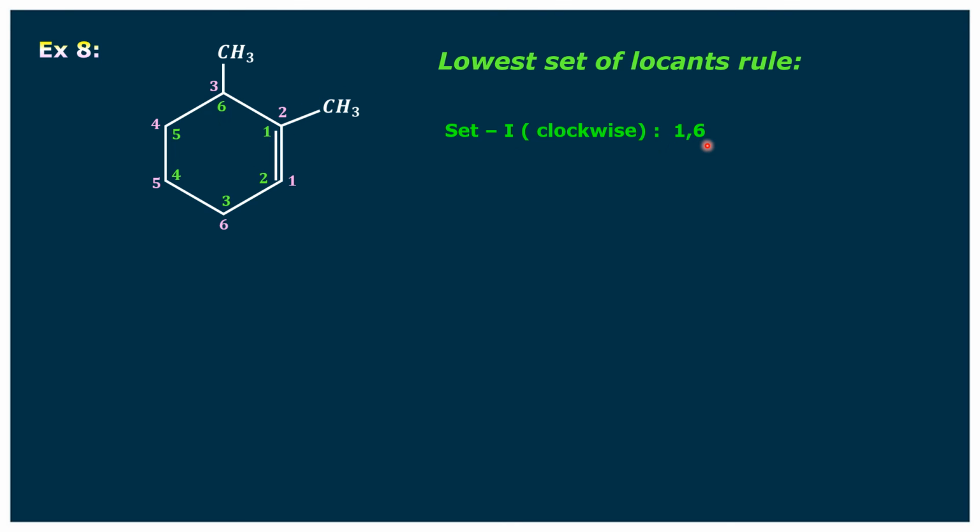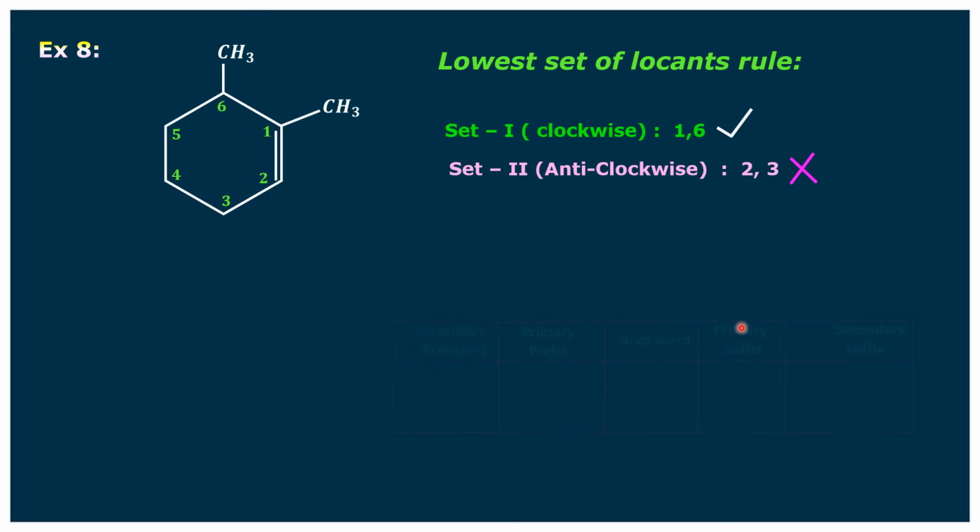So 1, 6 are the locants. Set 2, anti-clockwise locants, 2, 3. If you compare these two sets of locants term by term, at the first point of difference, 1 is less than 2, then you need not compare the next terms. That means clockwise numbering is the correct way of numbering. This one is the wrong way of numbering.